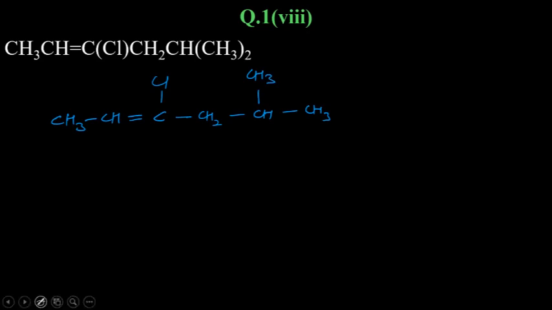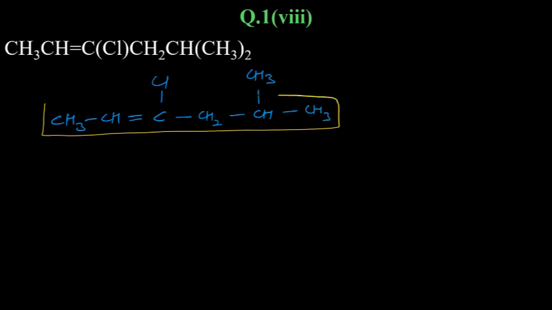Now the longest chain should have the double bond because the double bond has priority as it is the functional group. From where will the numbering start? Functional group is there, so the numbering has to start from the left hand side. Double bond will take precedence.